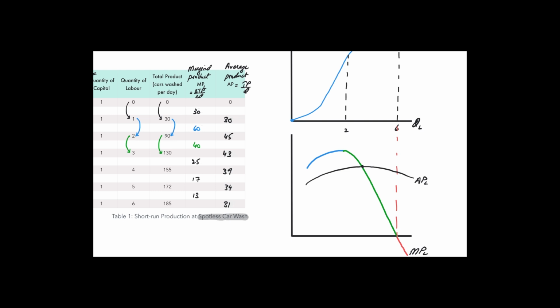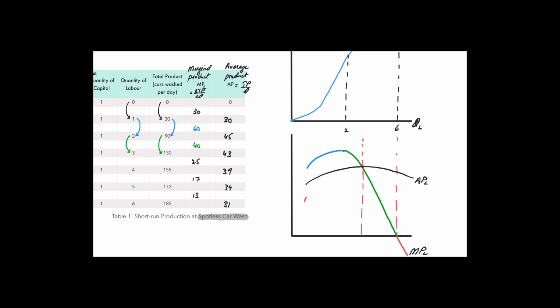If I was to break this line down like this, at these quantities of labor, marginal is on the higher side than the average over here. Marginal is up here, average is here.